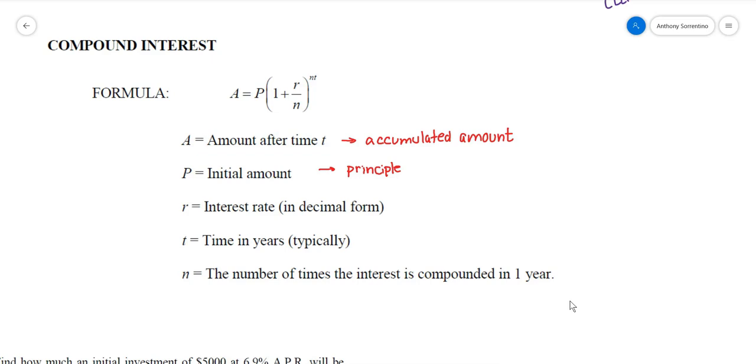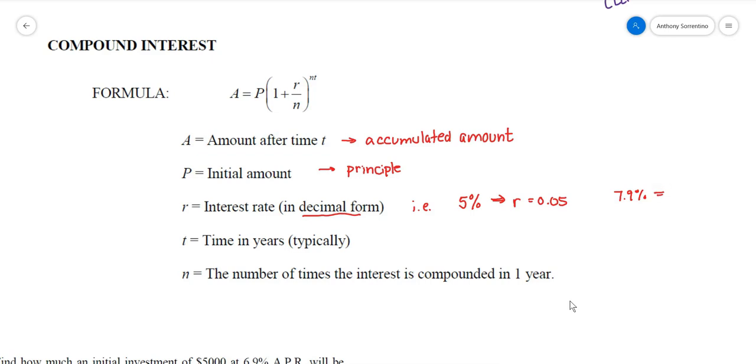R is the interest rate in decimal form. So if I say we have 5% interest, R is 0.05. If I have 7.9% interest, a big issue that students will do is they'll say, oh, 7.9 interest, already a decimal, so 7.9 is R. Well, no, this is still written as a percentage.